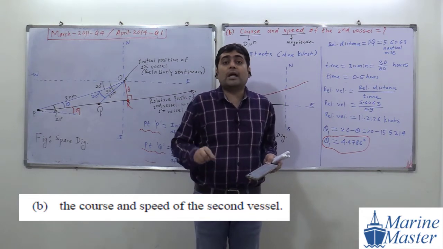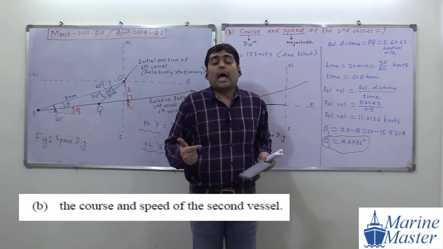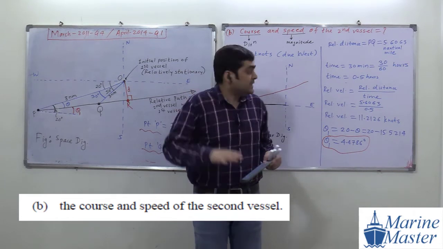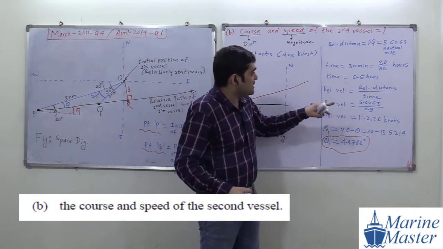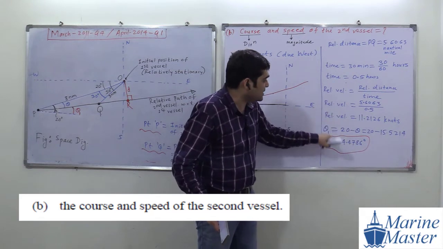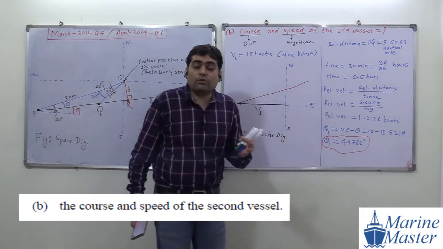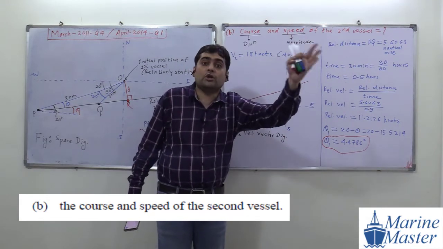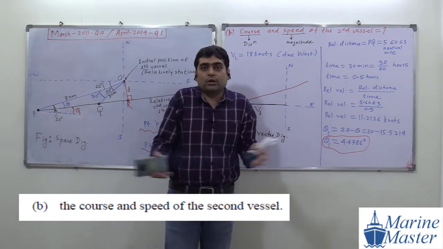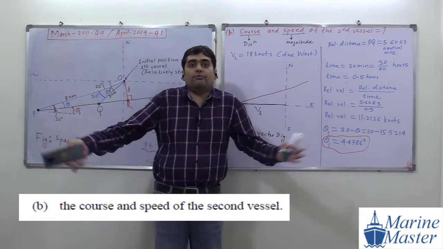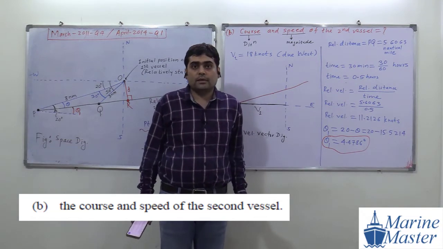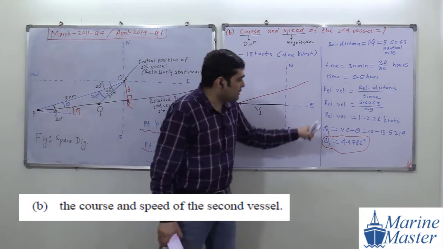We have to find the absolute velocity of the second vessel, and absolute velocity is always with respect to Earth. So this is not our target.